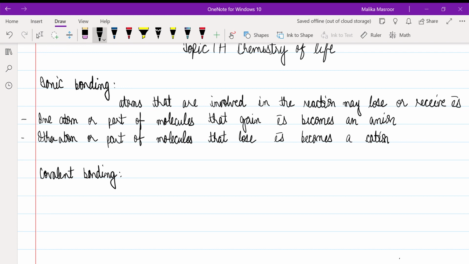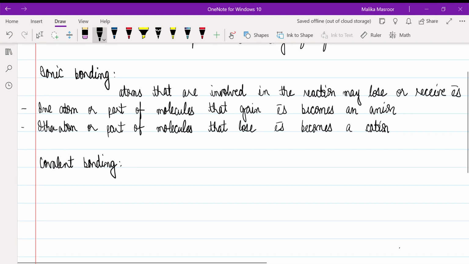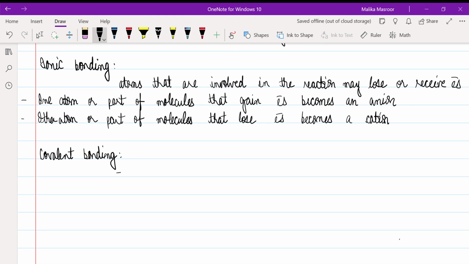But in this, unlike your ionic bonding, there is complete sharing of electrons. So in it, atoms involved in the reaction share electrons. Now this, as compared to ionic bonding, is a very strong bond, and in ionic bonding usually you have a positive and negative end, right?